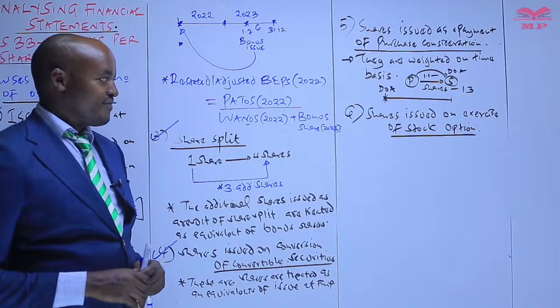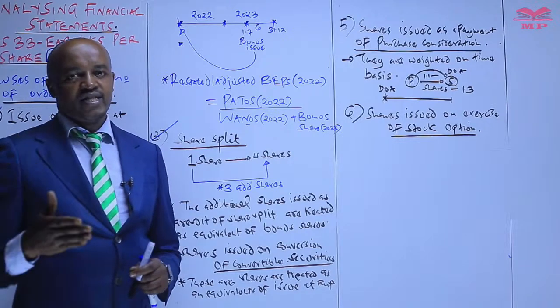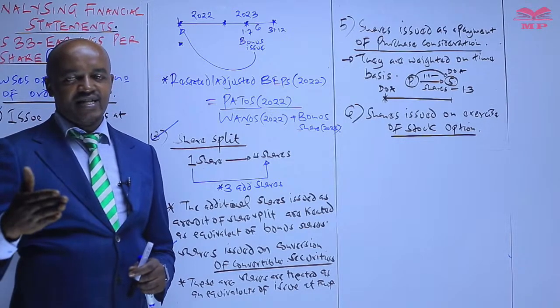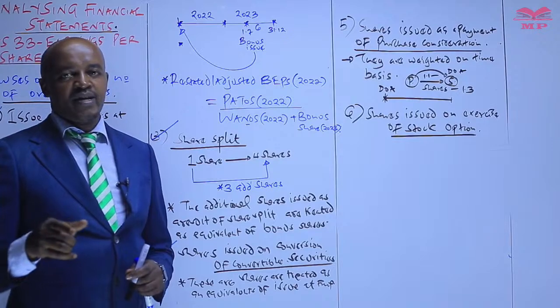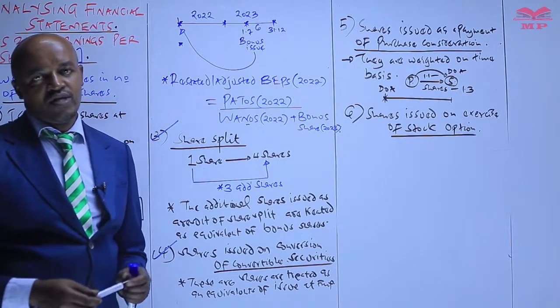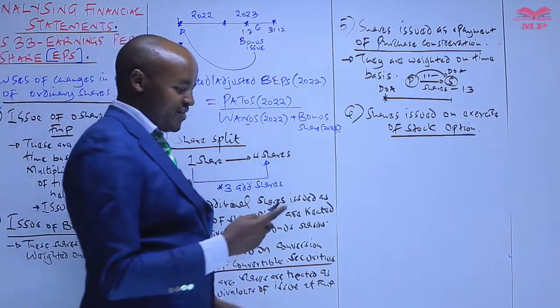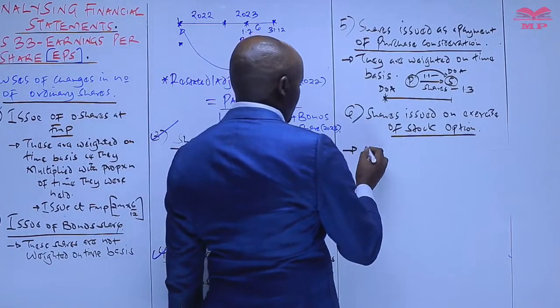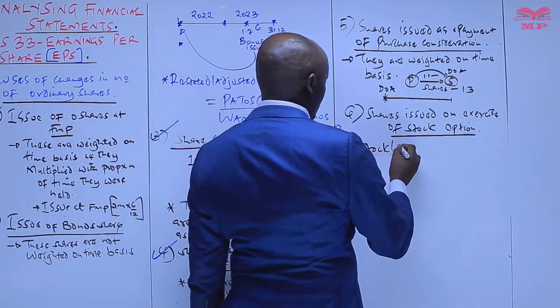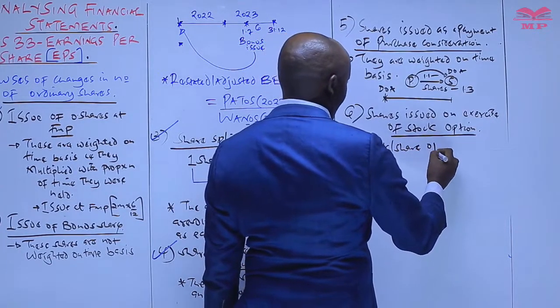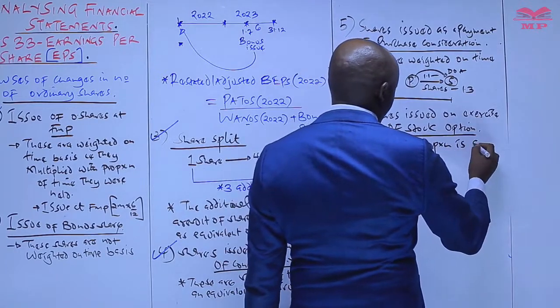So once the employees have been given such an option and have exercised that right, it means they have bought shares of the company at a price below the market price. So maybe first of all, we can say a stock option, which is also known as a share option, is a privilege.